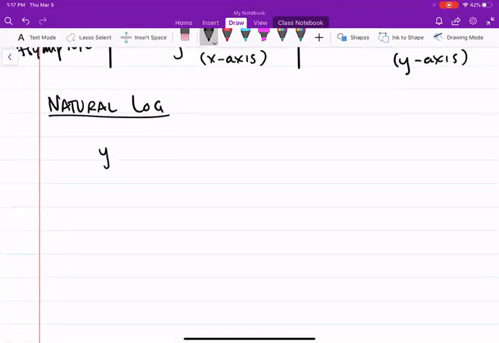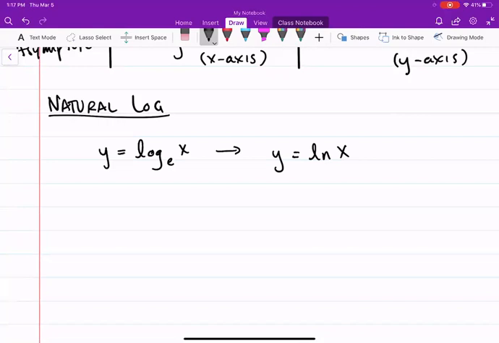If I had y equals log base e of x, we wouldn't write this. This is known as the natural log of x.